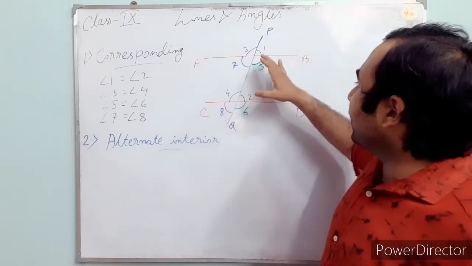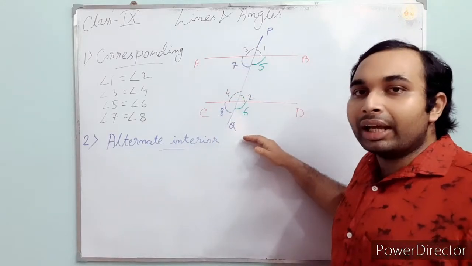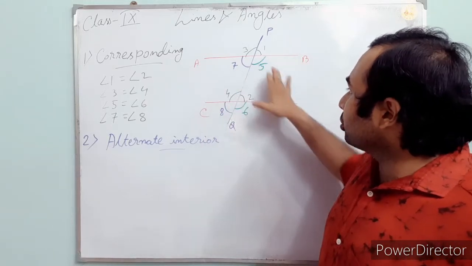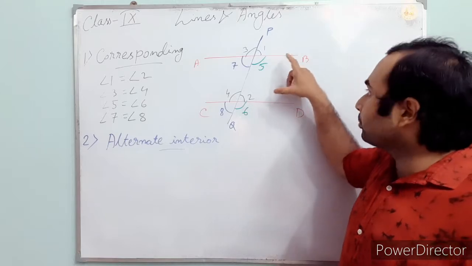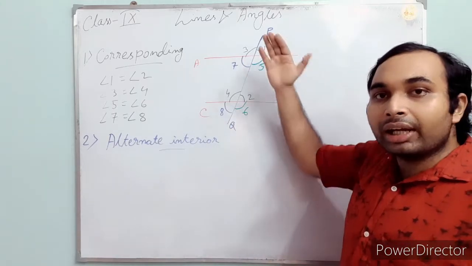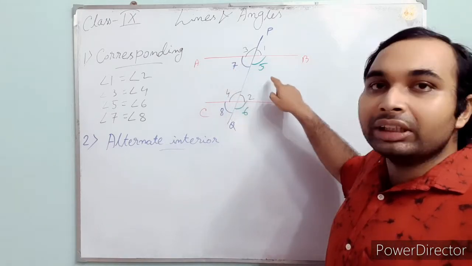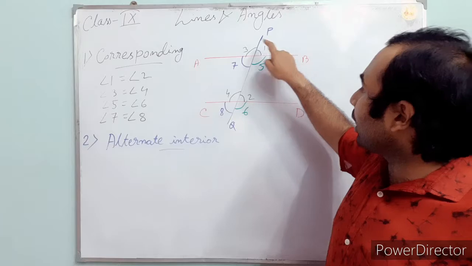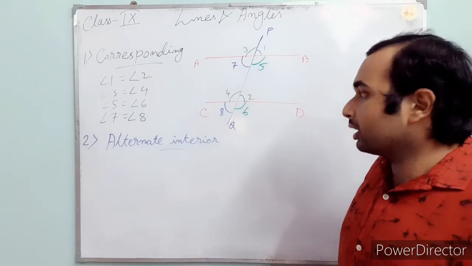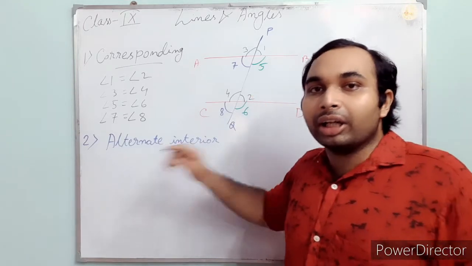Interior means the interior portion of those two parallel lines. Those 5, 7, 2 and 4 are at the interior position of those two parallel lines, and 1, 3, 6 and 8 are at the exterior position. So 5, 7, 2, 4 are the interior angles, and 1, 3, 6 and 8 are the exterior angles. Now the term alternate is there.